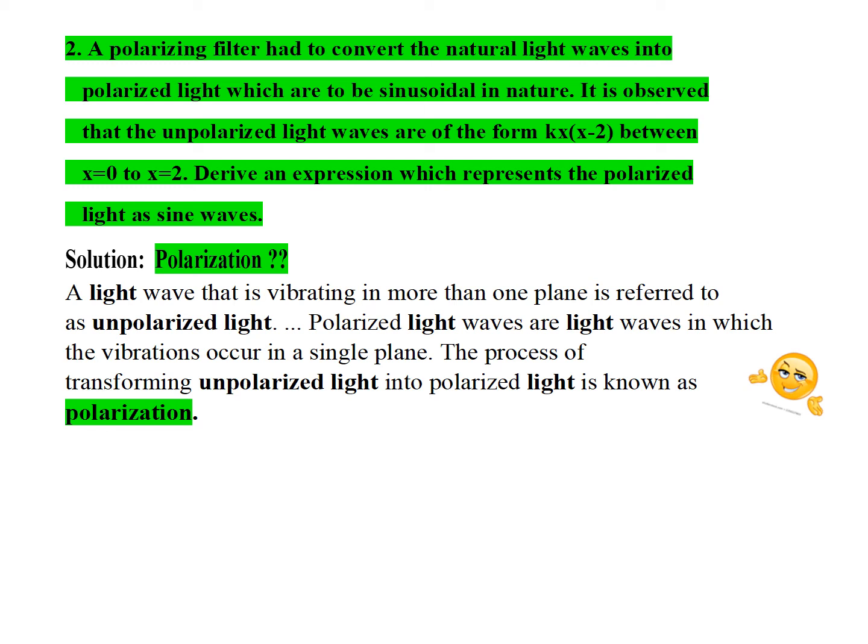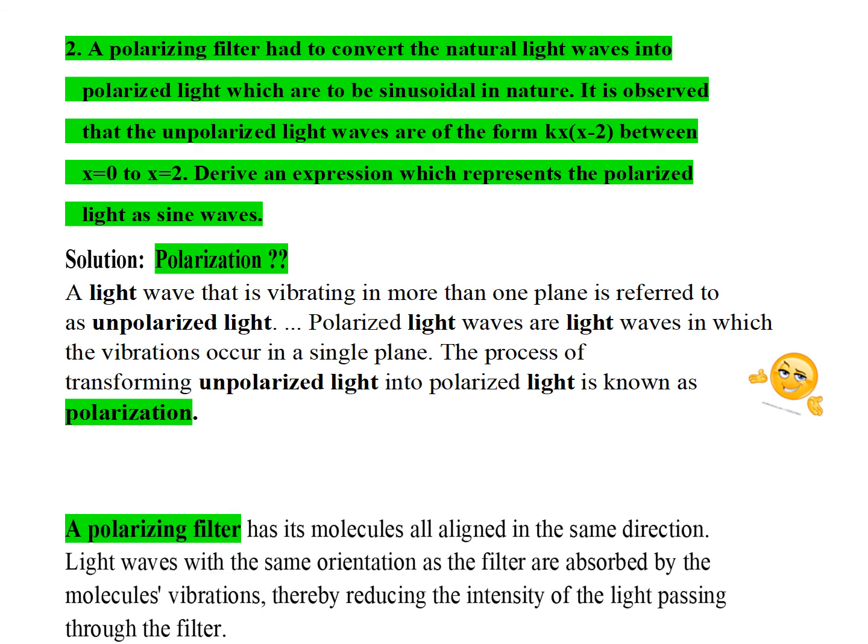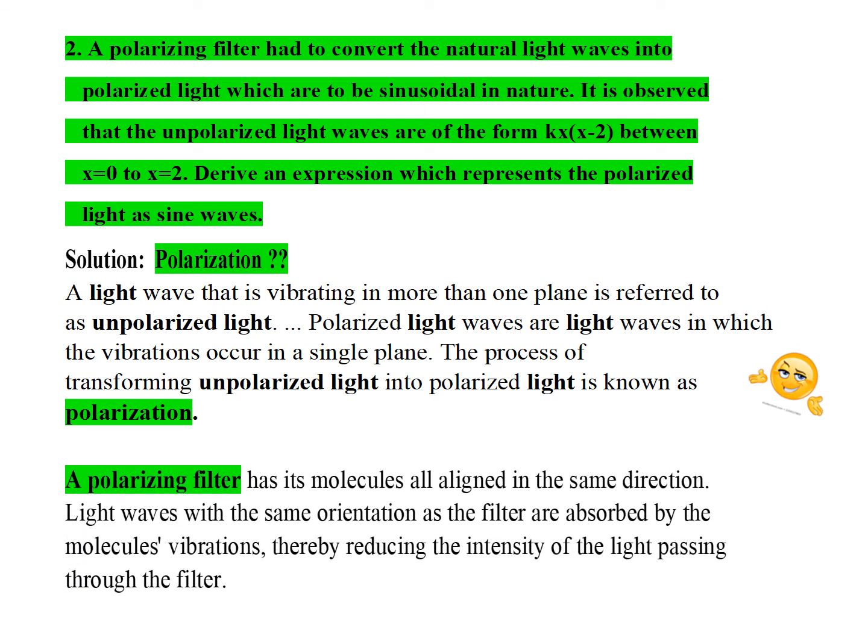This process of transforming unpolarized light into polarized form is known as polarization.